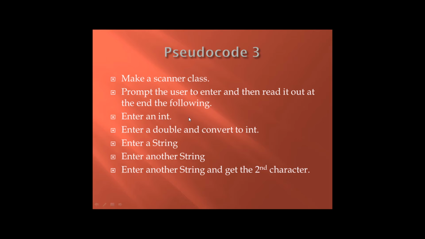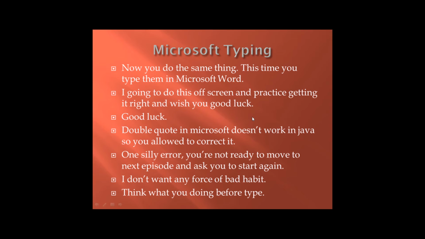And I want you to do three possibilities: int, double, and string. And you are prompted to enter either int, double, or string, depending on what you chose. We're going to assume we don't make an error, so don't worry about exceptions. So do this in order: int, double, string, then enter another string and get the second character.